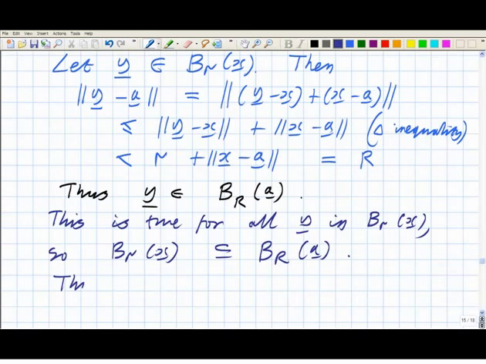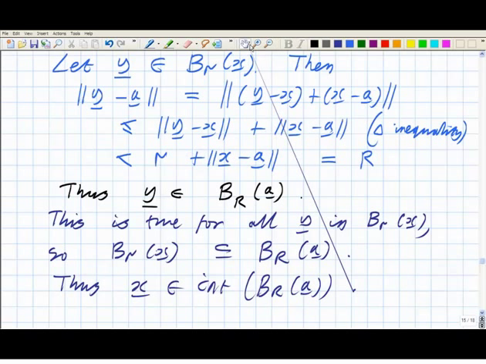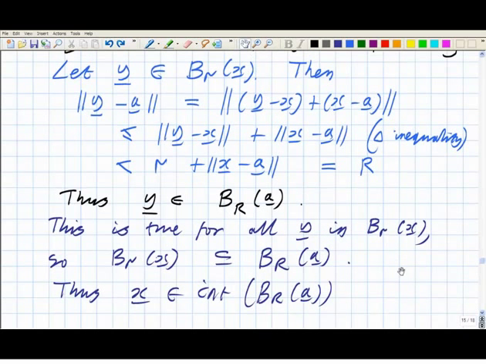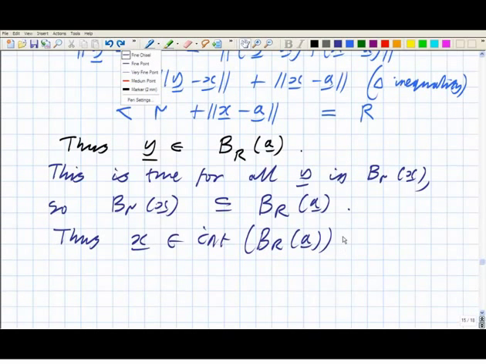So B_r of x is contained in the big ball. And thus x is an interior point, as claimed.